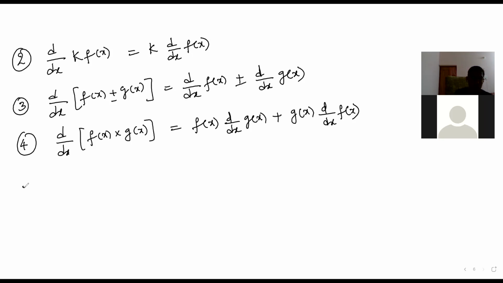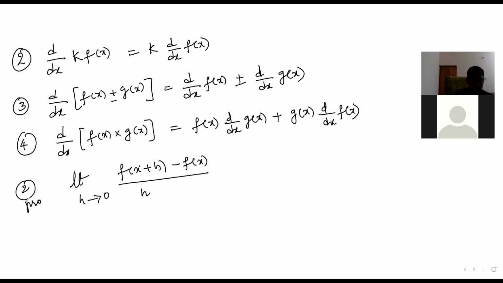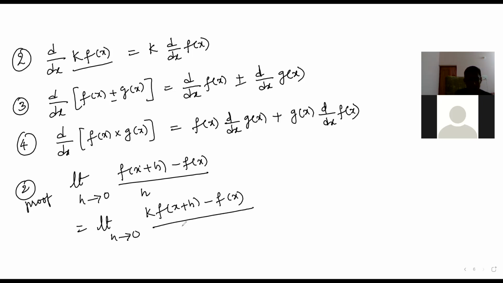For the second one, the proof is easy. Take the limit as h tends to 0 of f of x plus h minus f of x by h. Here f of x plus h becomes k f of x plus h minus k f of x, all by h.